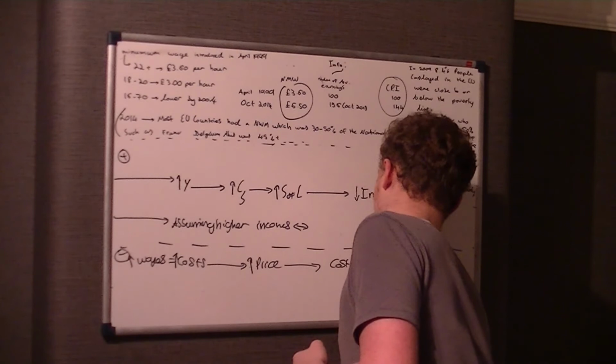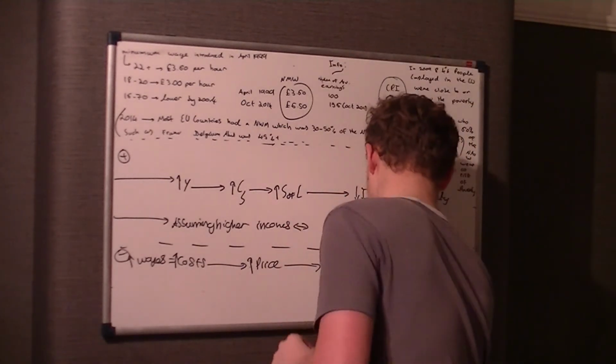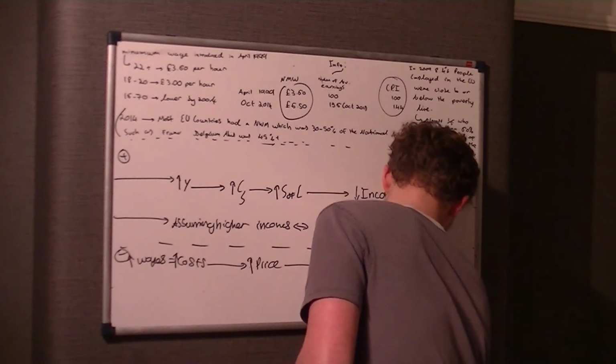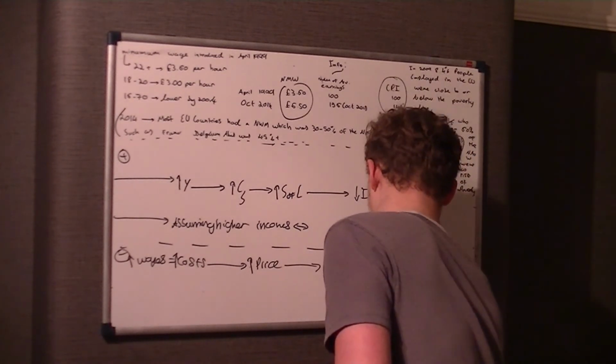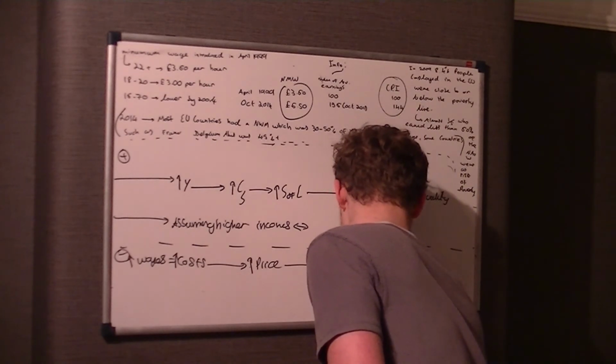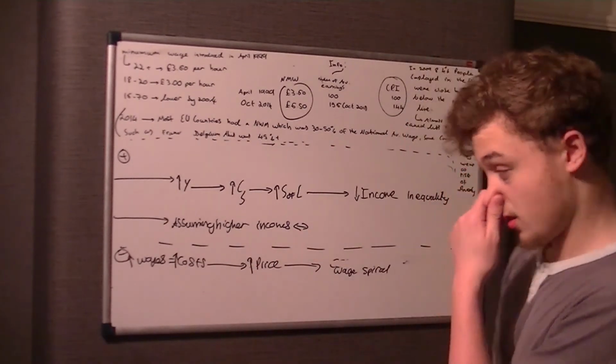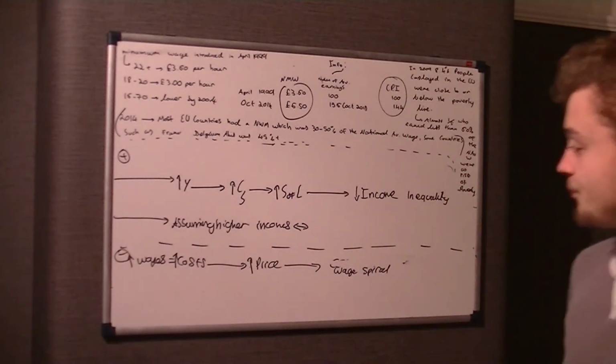Because the workers say, okay, the price is increasing, we want a higher wage, and you continue. A cost push wage spiral, where we have this all increasing due to cost push inflation.